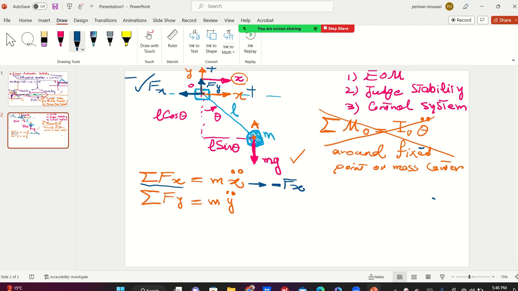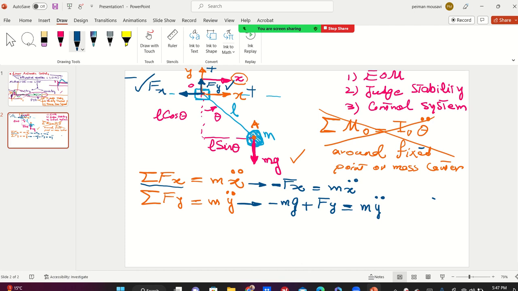Clear, everyone? Okay. Minus Fx is equal to m x double dot. Now, what are the forces in the y direction? Negative mg, great, and positive Fy, because it's upward. It is m y double dot.